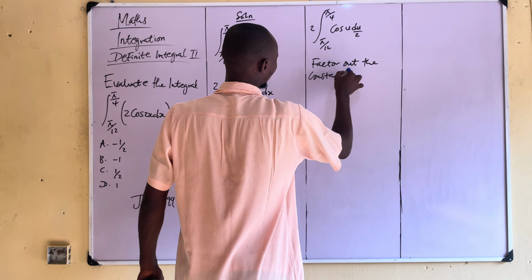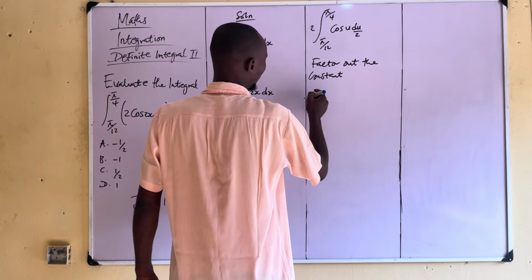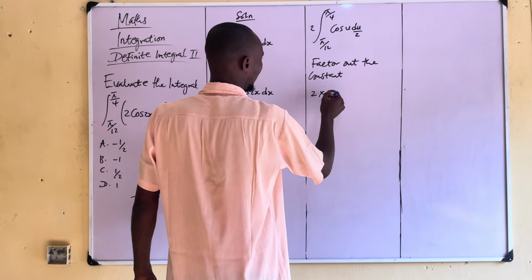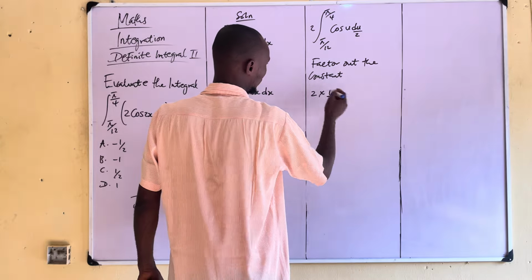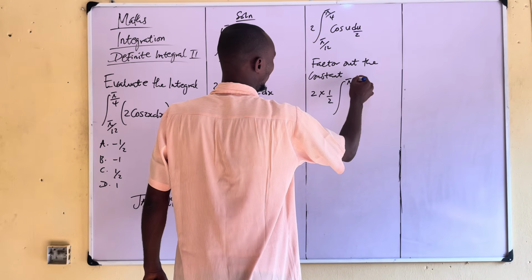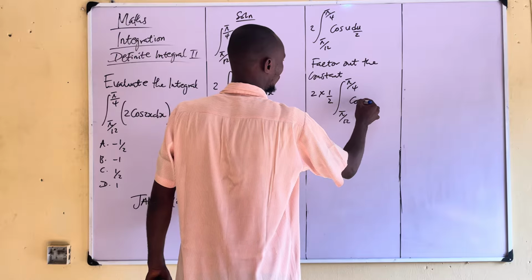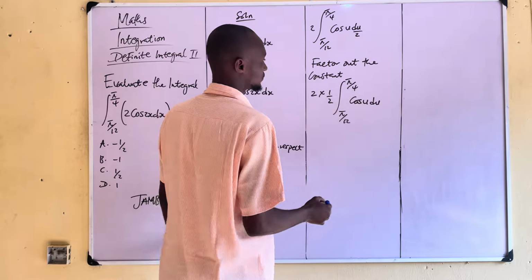The constant is 1 over 2, so 2 over 2 times the integral of cos u du.